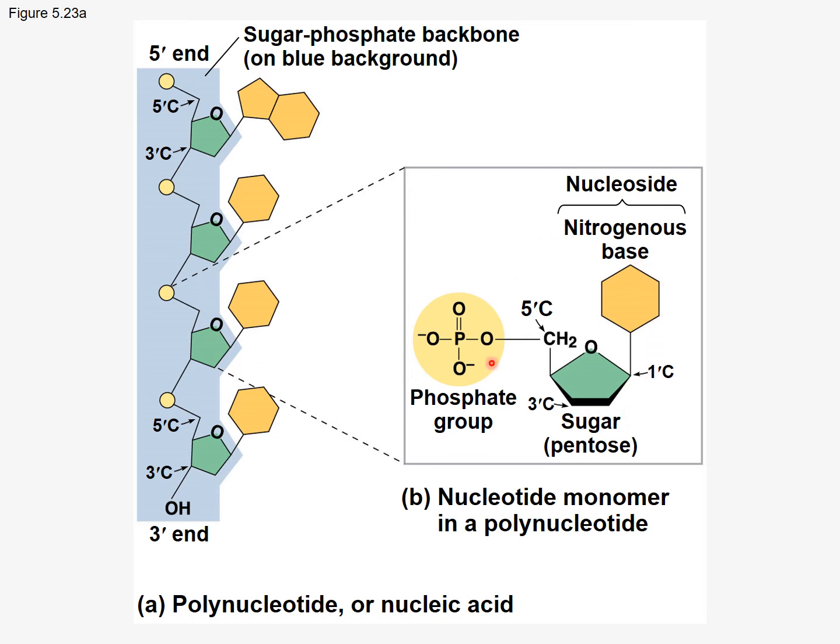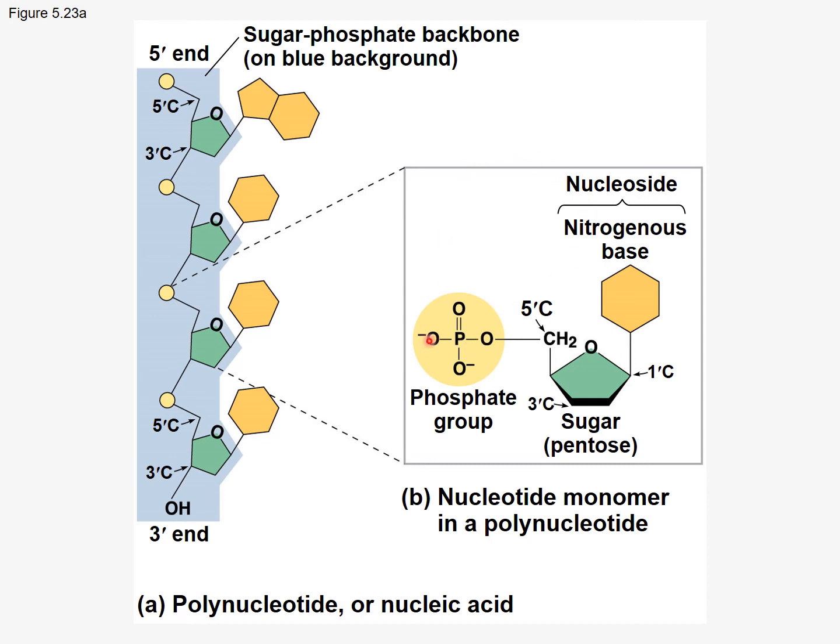a nucleotide, which are the monomers of nucleic acids, is going to have what's called a nitrogenous base, a pentose sugar, and pentose means that there's 5 members within the ring, and a phosphate, one or more phosphates, so there could be more than one phosphate group.